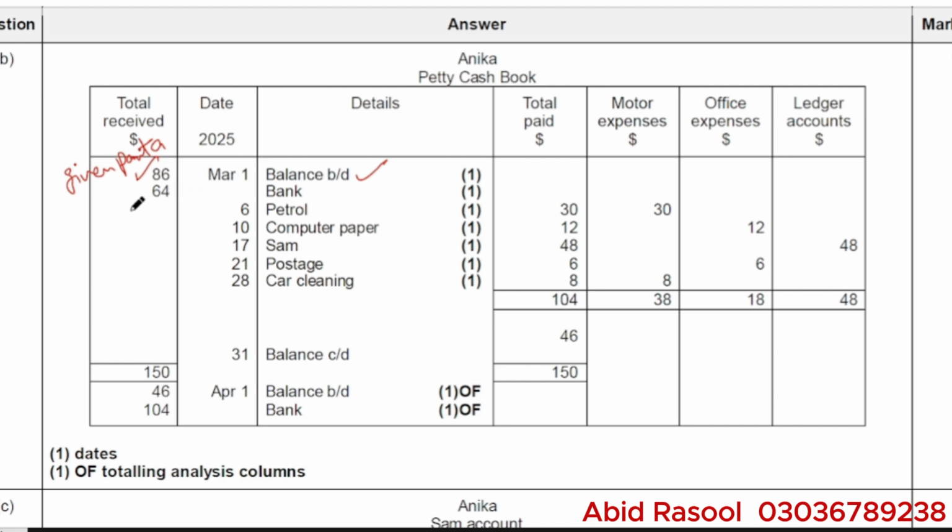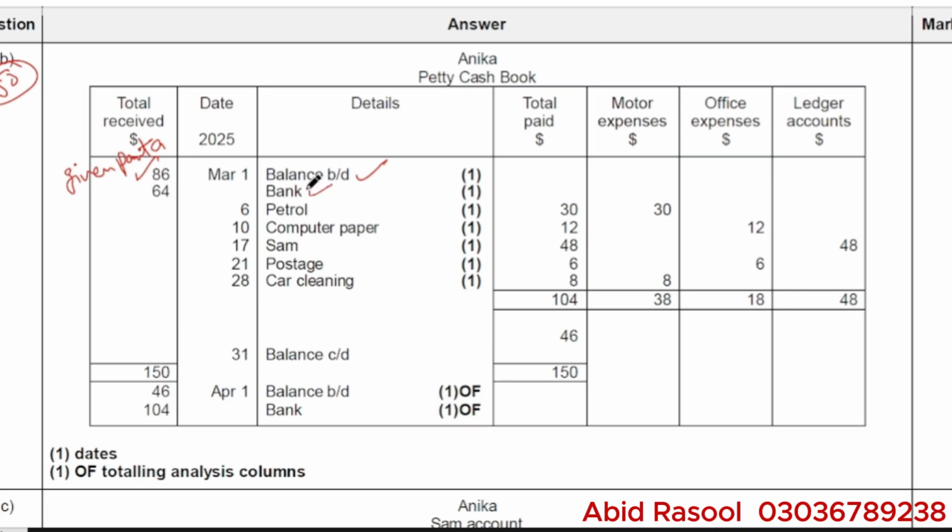But we start every month with $150. Now we have to make the total 150 on our total received side, because our month is starting. We need 150 in our petty cash book to go through this whole month. So from the bank we will put 64 more.